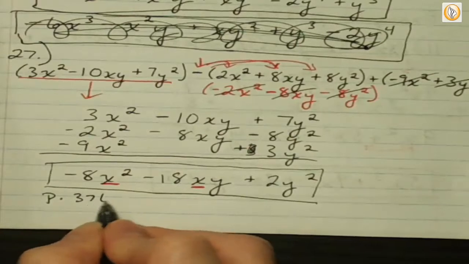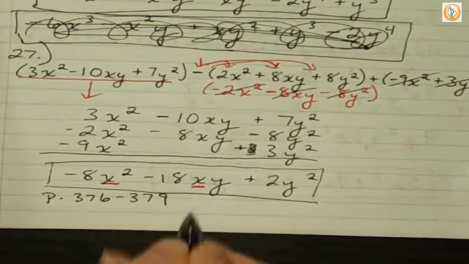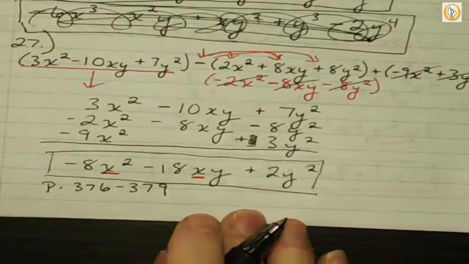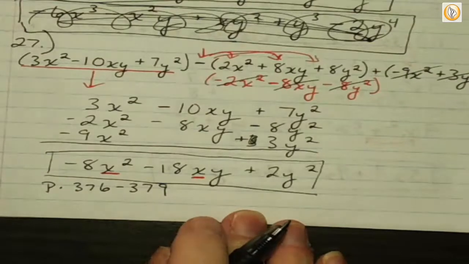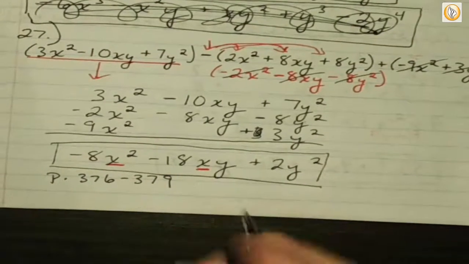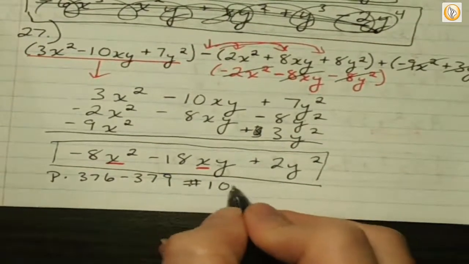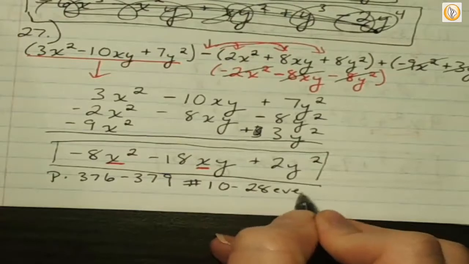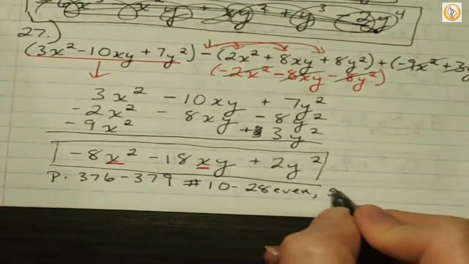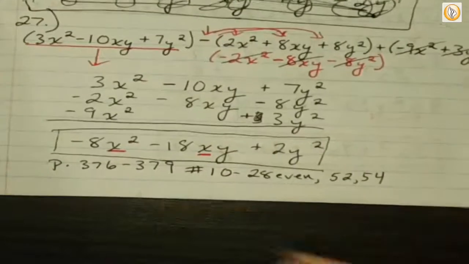All right, y'all are doing page 376 to 379, numbers 10 through 28 even, 52 and 54.